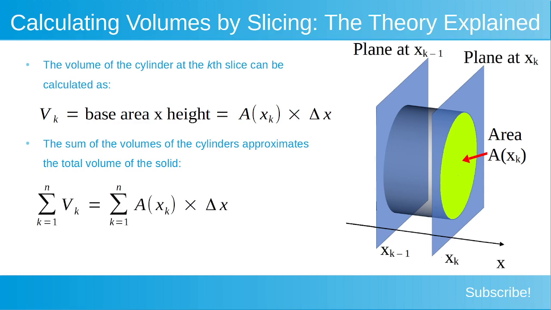Now, we can express the sum of the volumes of the cylinders over those subintervals as the sum from k equals 1 to n of V subscript k. And we can express that as the sum from k equals 1 to n of A of x subscript k multiplied by delta x.